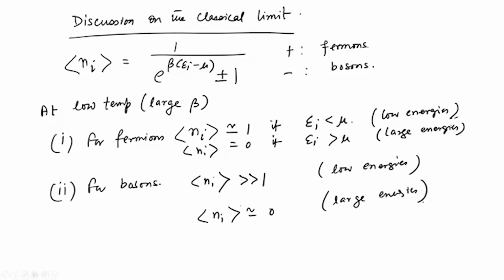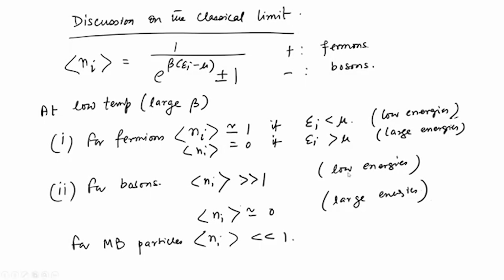So, it is the same thing for large energies: both distributions give you 0, but at low energies one gives you 1, which is natural, and the other gives you much greater than 1. For the Maxwell-Boltzmann statistics, N_i is always much smaller than 1. So, for MB particles, N_i is always much smaller than 1.